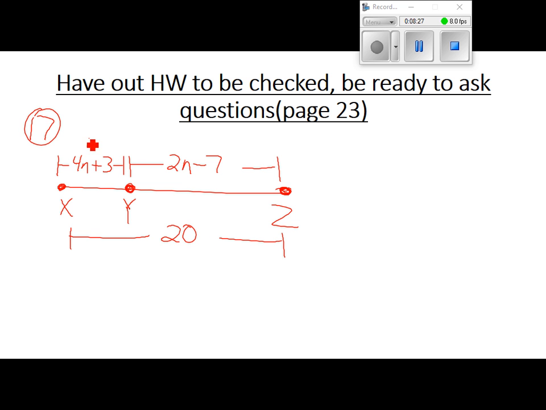What are you going to do with these two? Add them together. What's 4n and 2n give us? 6n, 3 and negative 7, minus 4. All of that should equal what?